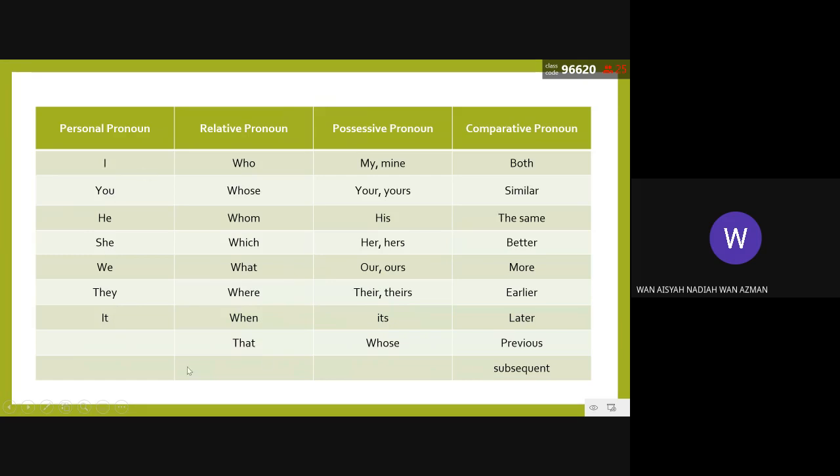For relative pronoun, we have who, whom, whose, which, what, where, when, and that. For possessive pronoun, we have my, mine, your, yours, his, her, hers, our, ours, their, theirs, its, and whose. For comparative pronoun, we have both, similar, the same, better, more, earlier, later, previous, and subsequent.